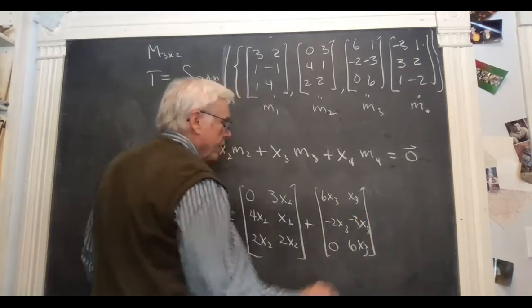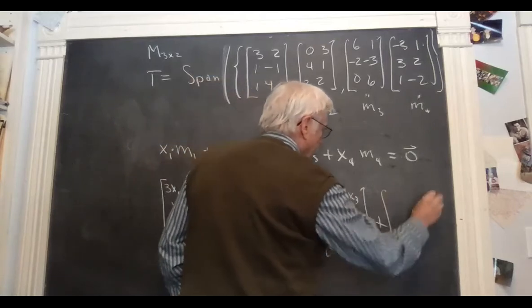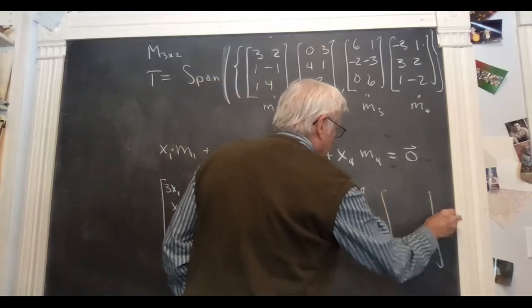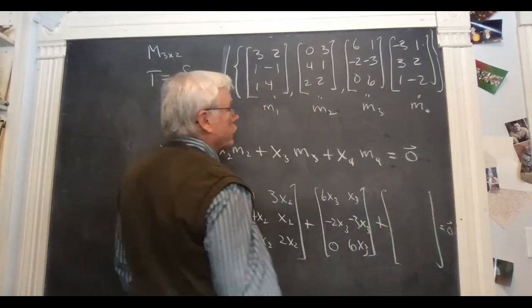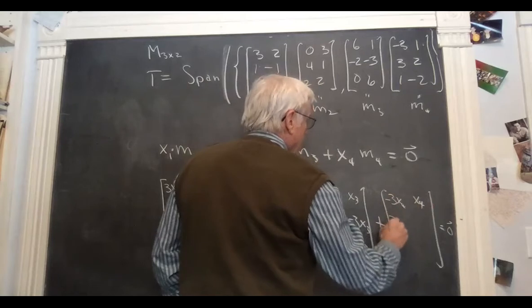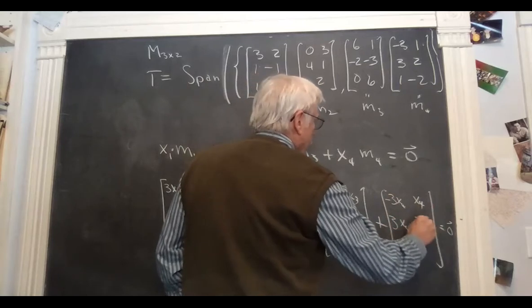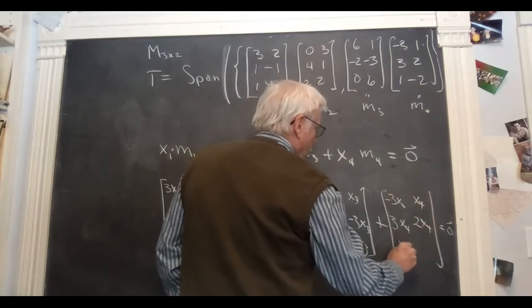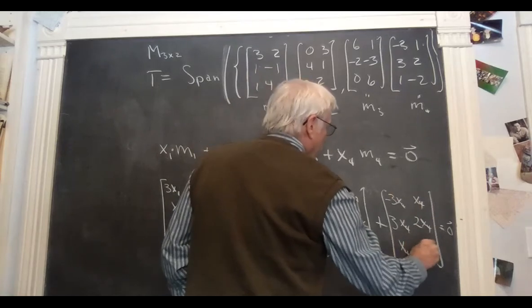And then finally, the x4 one: minus 3x4, x4, 3x4, 2x4, x4, minus 2x4. This will all be equal to the 0 matrix.